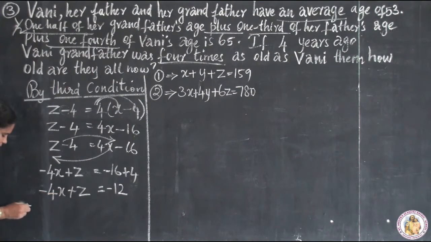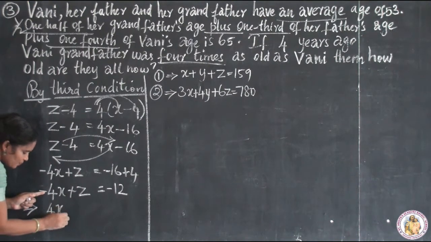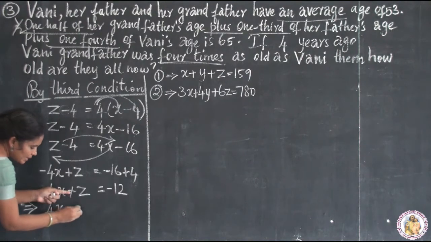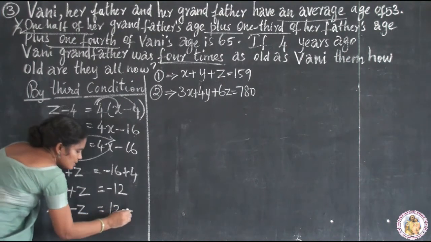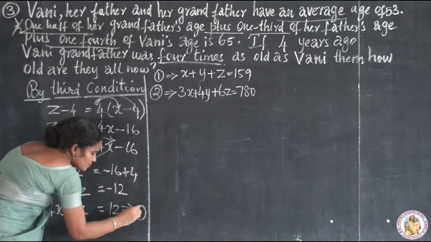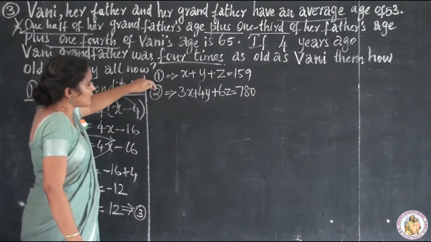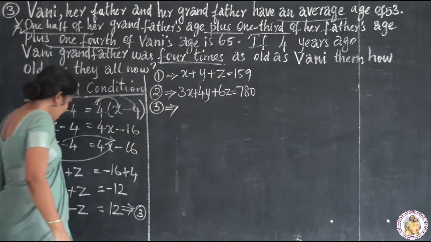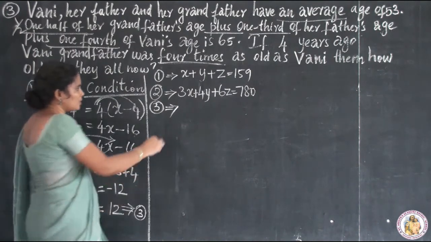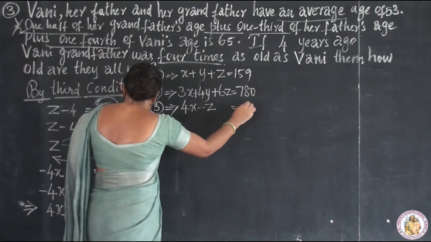To remove the minus sign, it will become plus 4x, minus z, equal to plus 12. Taking this as the third equation: 4x minus z is equal to 12.